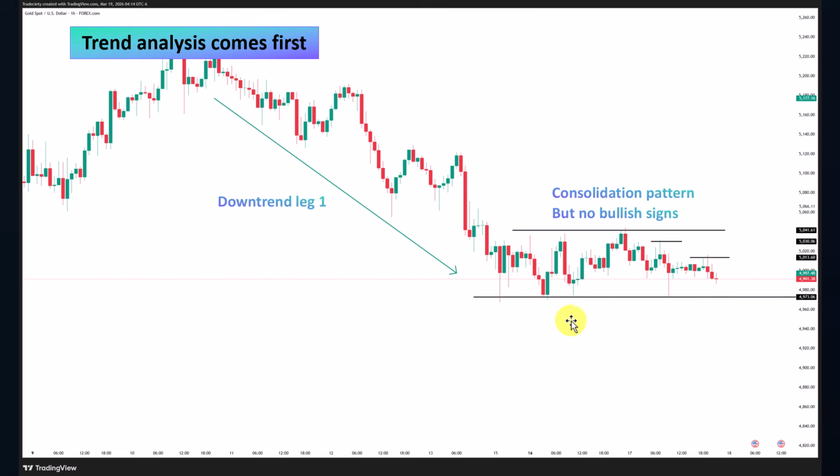It is really important that you start to understand how to read those consolidations because we can pick up a lot of clues here about whether the price is likely to go up next or to go down next. So when we look at this consolidation, there are actually no bullish signs here. The resistance is holding. We don't see any strong bullish moves. We don't even see fake outs where the price is pushing above the resistance. So no bullish signs yet.